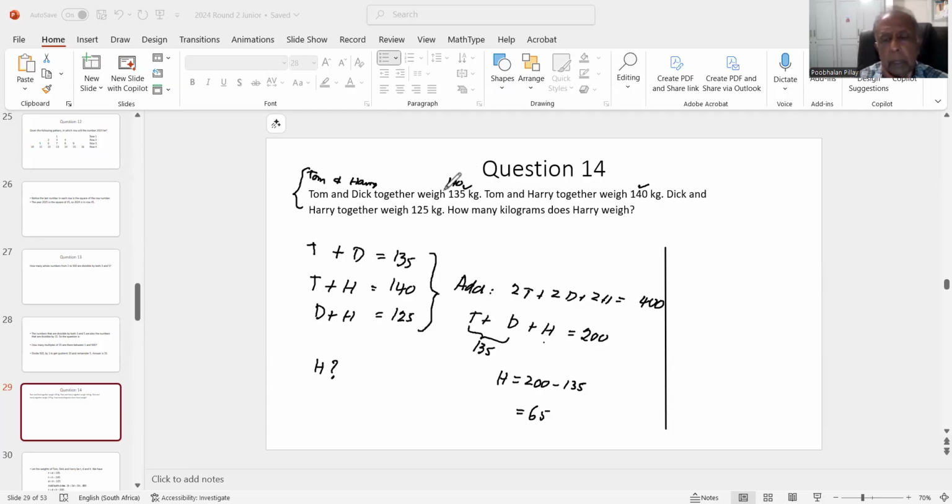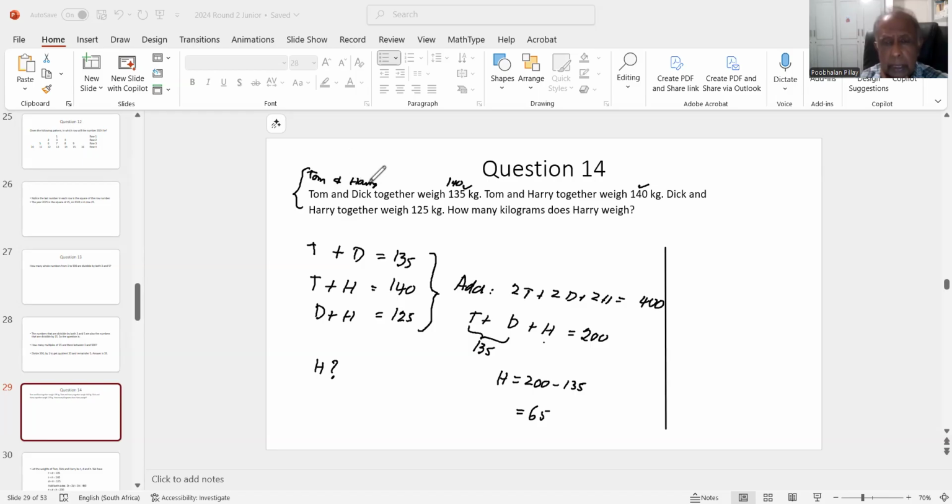Now, if Tom and Harry weigh 140 and Tom and Dick weigh 135, then it's quite clear that Harry is heavier than Dick by 5 kilograms, because Tom is in both of them.